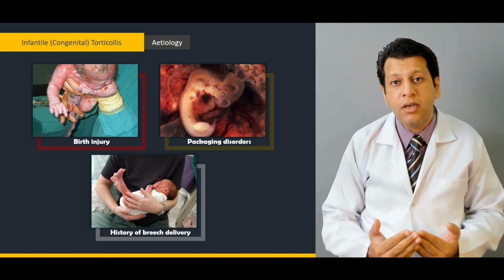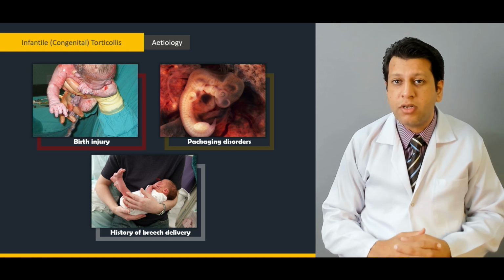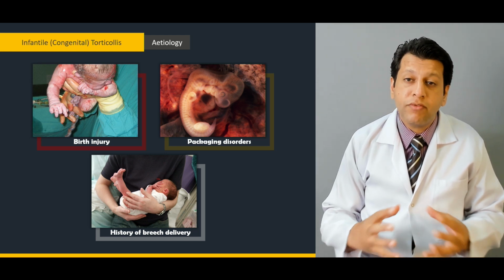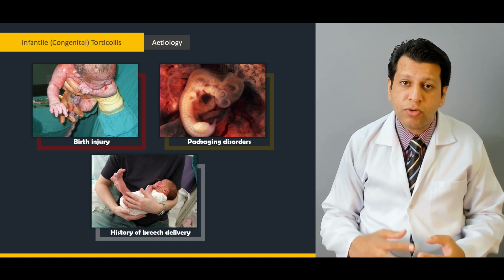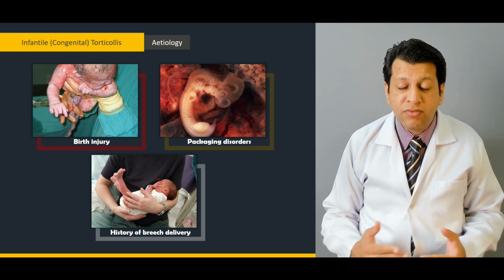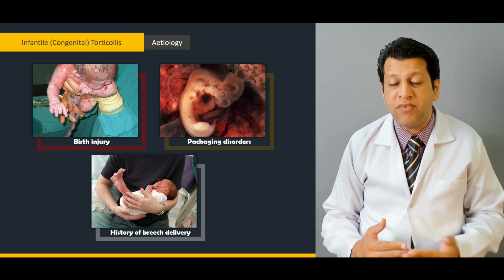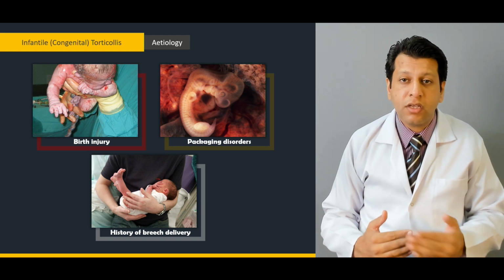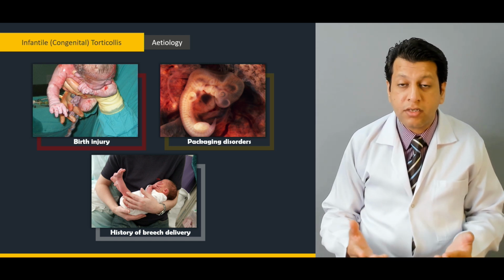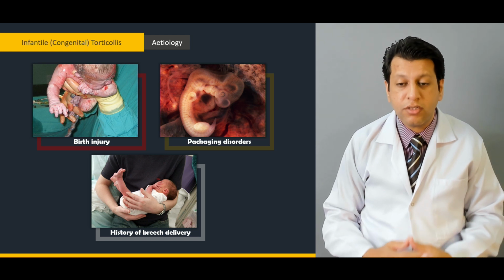As a result, this may be associated with muscular torticollis. So breech delivery is the main cause of development of all these packaging syndromes, which may manifest as developmental dysplasia of the hip, congenital metatarsal adductus, or congenital muscular torticollis as well.